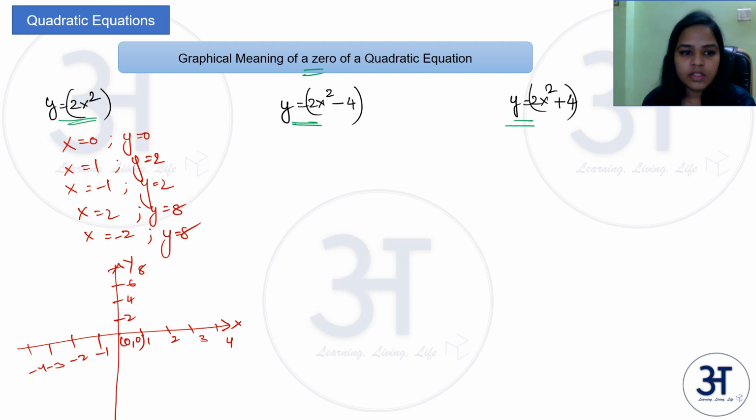So one point here is 0, 0. And the other points are 1, 2 and -1, 2. The other points are 2, 8 and -2, 8. Right? So if you join all these points carefully, you get a parabola, right?